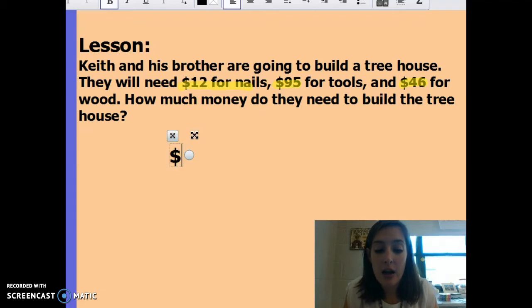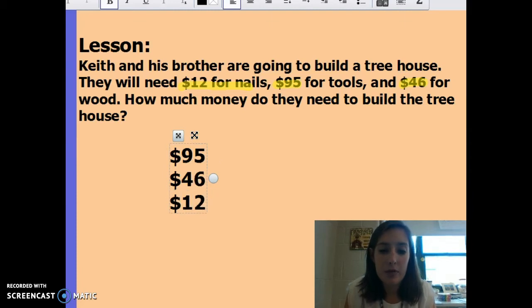So I need $95 for tools, $46 for wood, $12 for nails. Okay, and then my addition symbol should be over here.